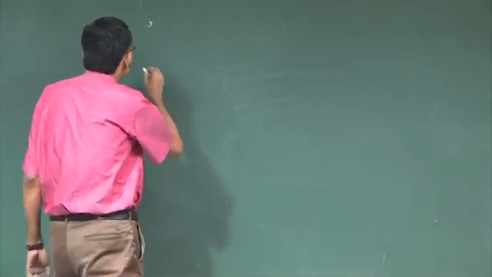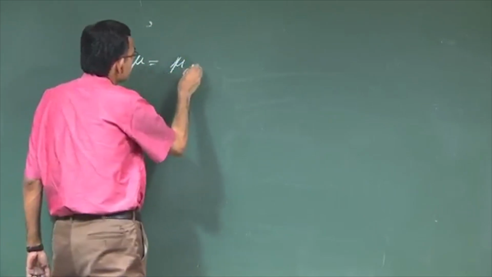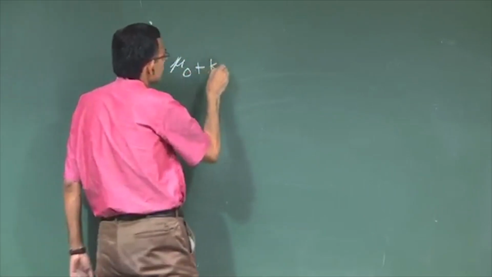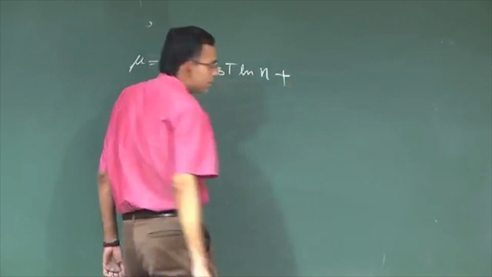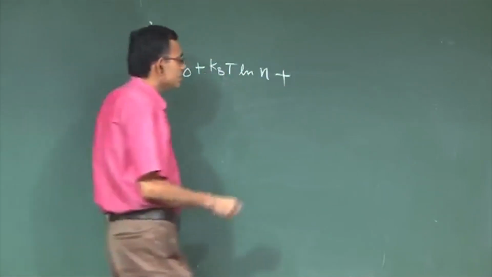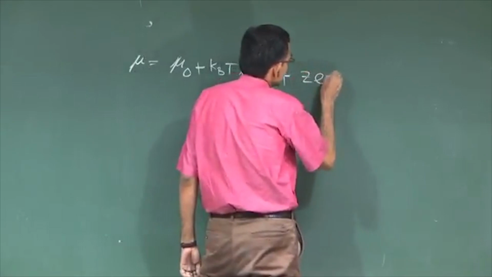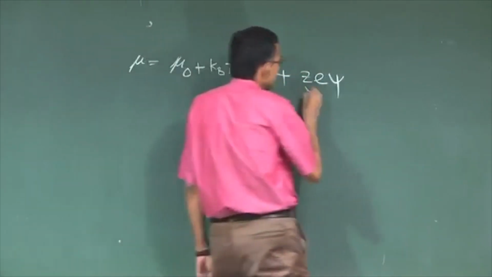So, you have mu equal to this is the chemical part, there is an electrical part. So, this is the electrical component.